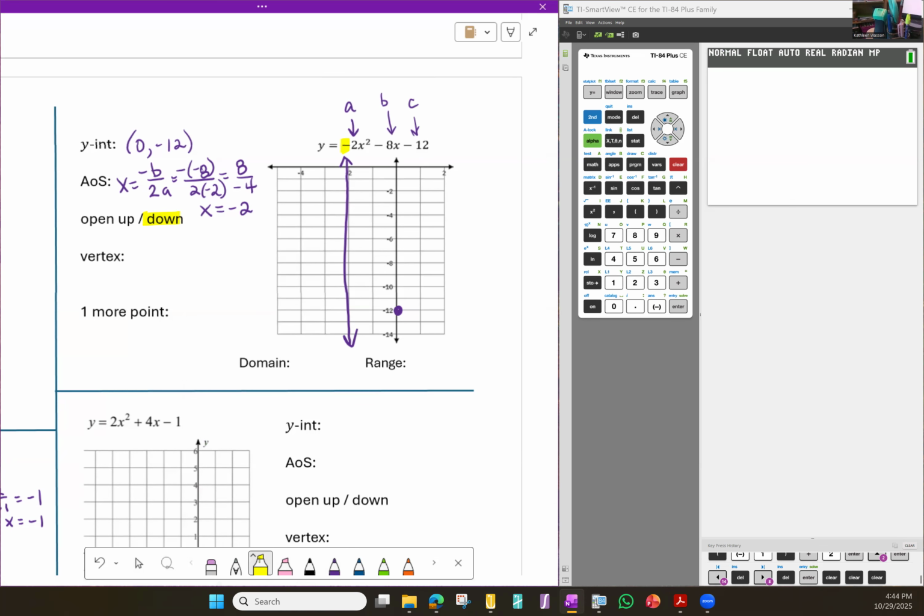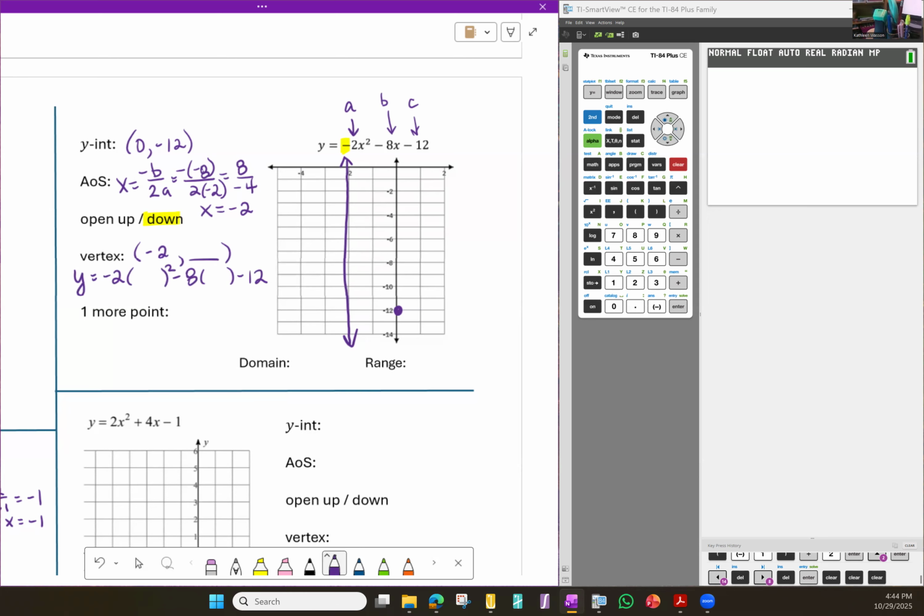The vertex, I know the x part of the vertex is -2, but I don't know what the y part of the vertex is. I can do that calculation. It'll be y equals -2, and I'll just make a space for x squared, -8, make another space for x, -12.